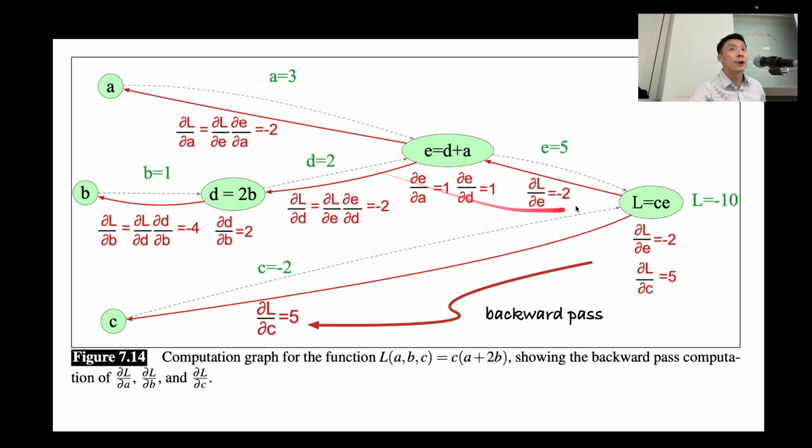You can reuse those. This one is easy because C is already in here, so you just take the partial derivative with respect to C and you get 5. But for this guy, deep in the graph, at the input layer, you multiply up the gradient that you computed upstream. Okay?